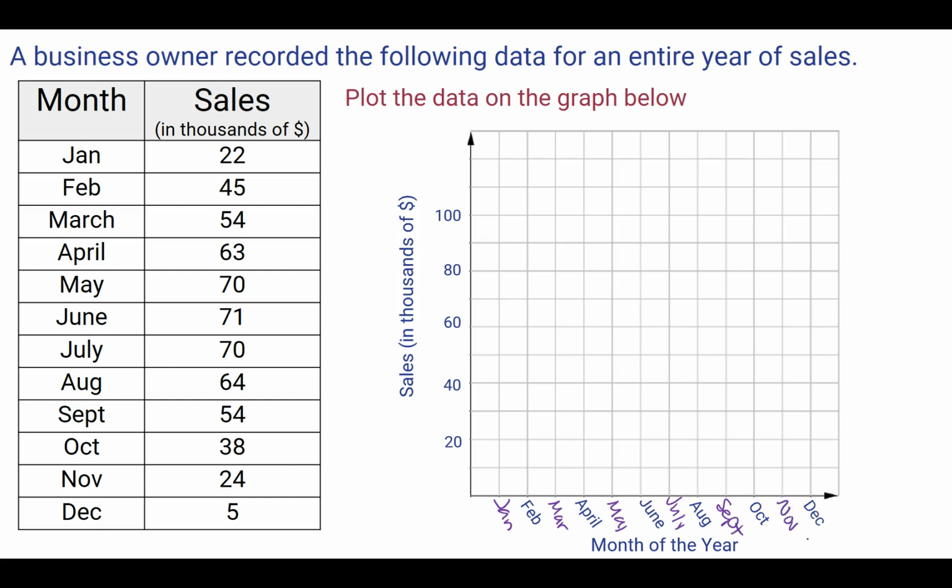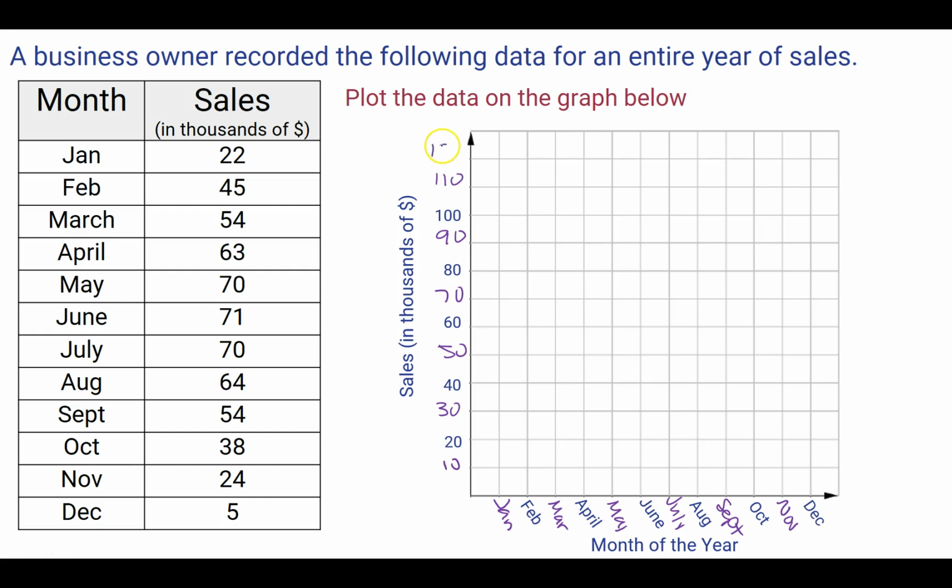All right, so your X-axis is your months. Your sales on the side, I went from 0, every other thing I did 20, or you can mark each one 10, however you want to do it. It is your graph, you do you.